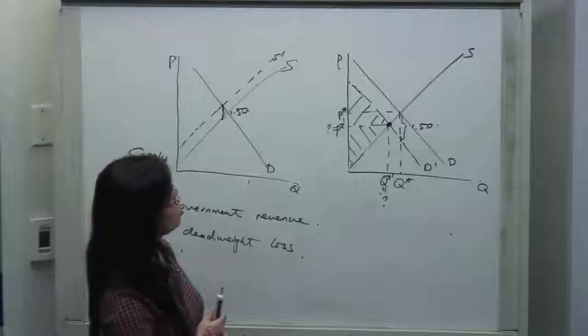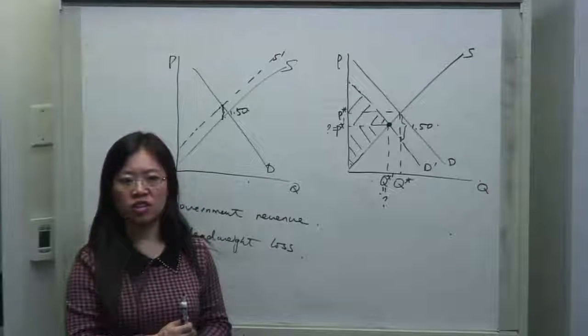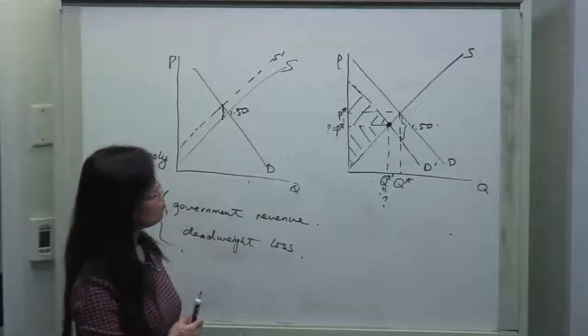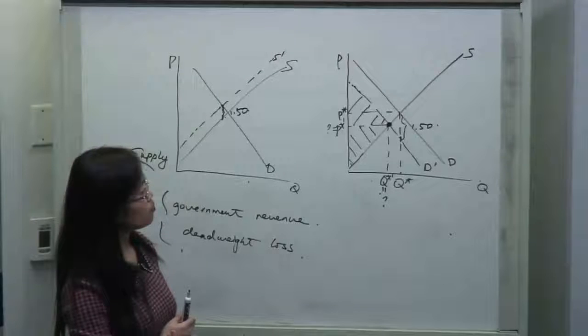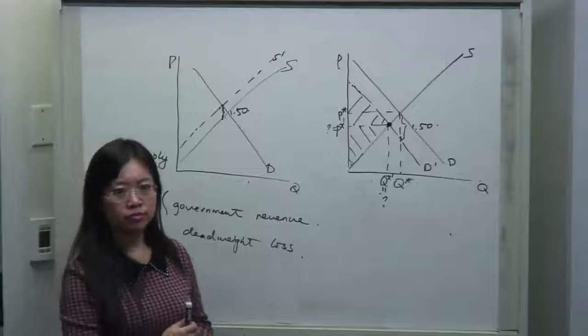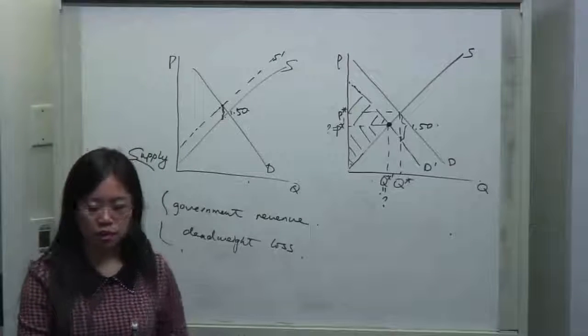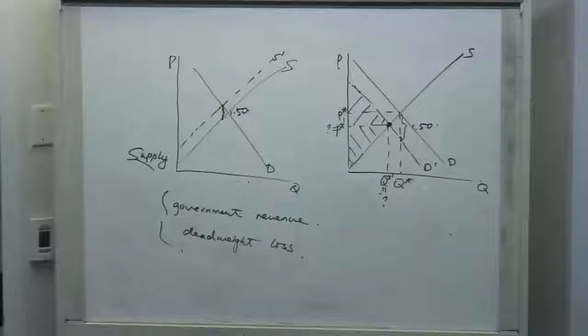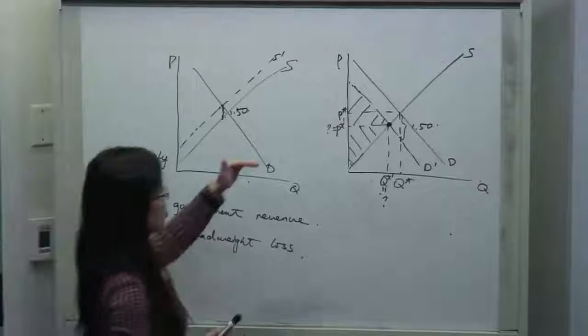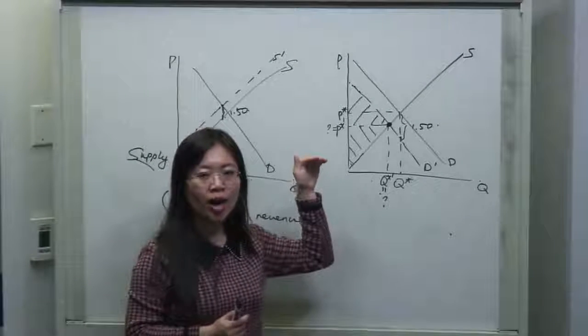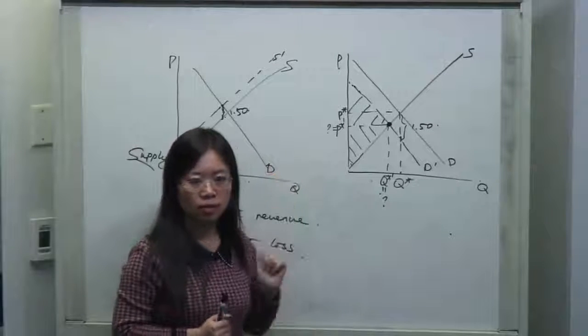So how do we find the area that represents government's revenue? Remember we did a manipulation of the graph for the first scenario? Basically we shifted one triangle down.